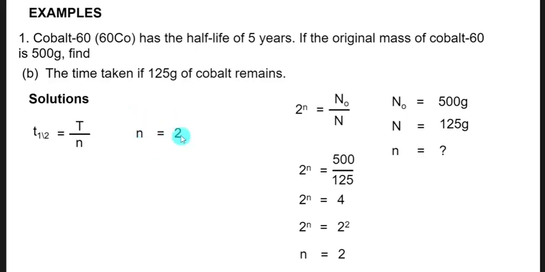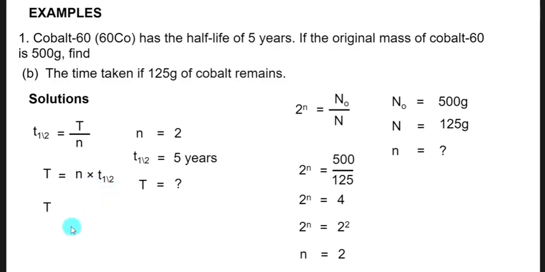Now after knowing n, you know that the half-life is equal to 5 years. Then t is what you want to find, because it's saying find the time taken. So you make t the subject of the formula. t is going to be n times half-life.